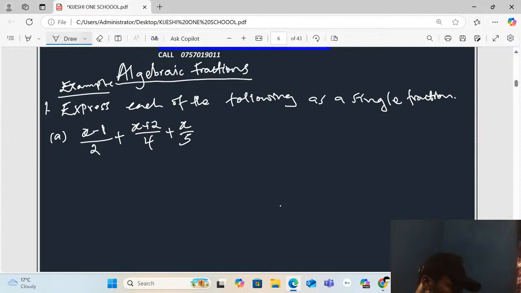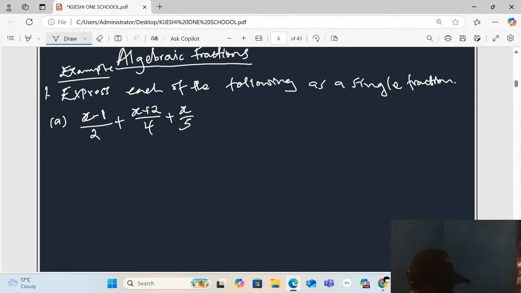That's x over 5. So x minus 1 over 2 plus x plus 2 over 4. Now you are simply asked to express it as a single fraction. So this is simple, very simple. All you have to do is find the LCM, then work out.